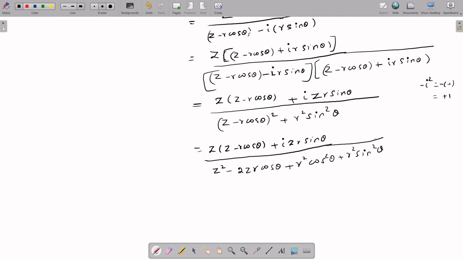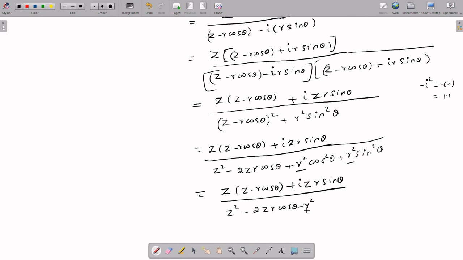z into z minus r cos theta plus i z r sin theta divided by z squared minus 2zr cos theta plus r squared, where r squared is common, so take it outside, into cos squared theta plus sin squared theta.